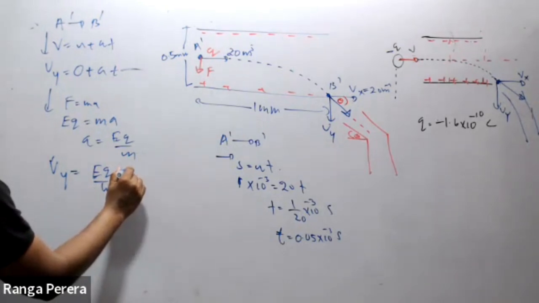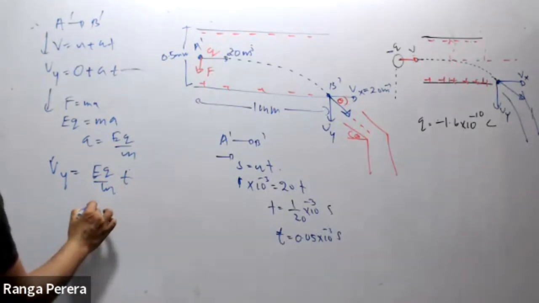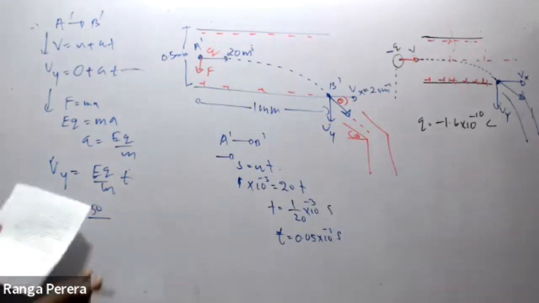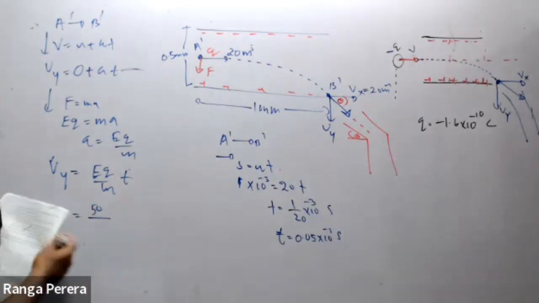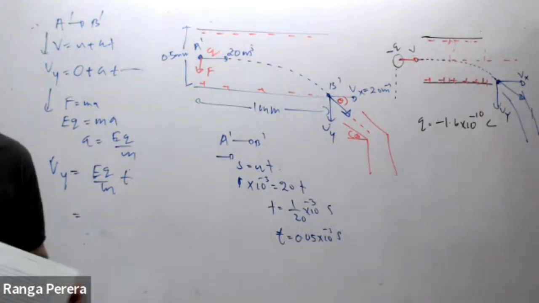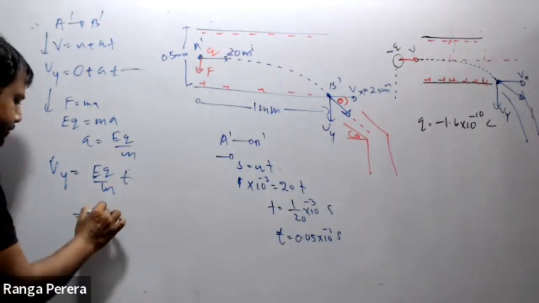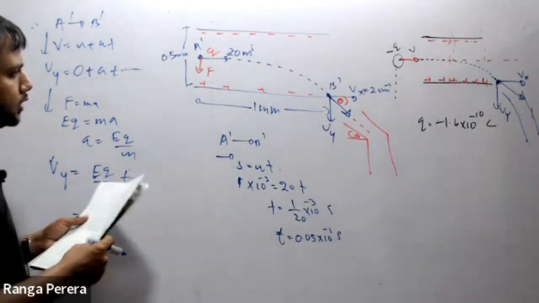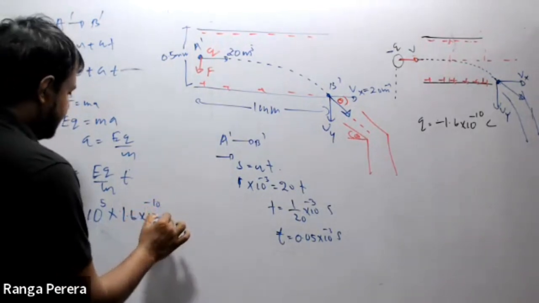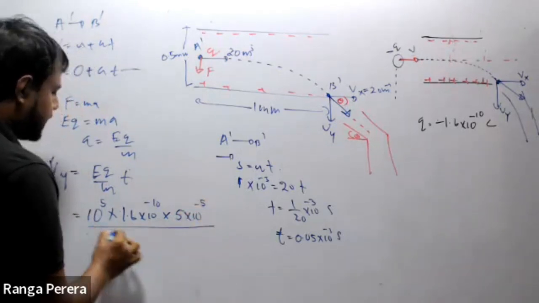What's the value of t? We can substitute that value. Capital E we got earlier, it was calculated as 10 to the power 5. Q charge is 1.6 into 10 to the power minus 19, times the time 5 into 10 to the power minus 5, divided by the mass.